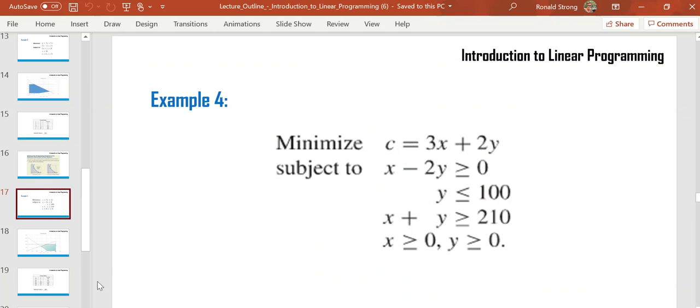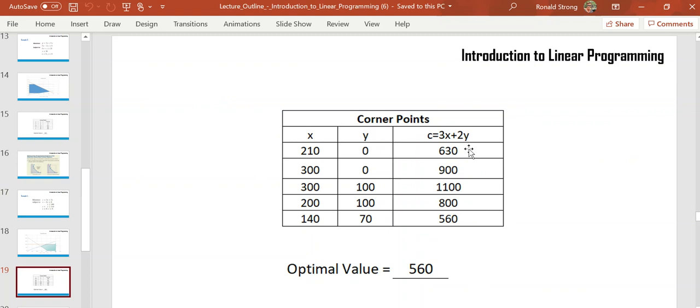That means we want the smallest value. So the smallest of all of these C values is 560. So the optimal value, which is a minimum value, is 560 and occurs at 140 and 70. And that is the answer to that problem.